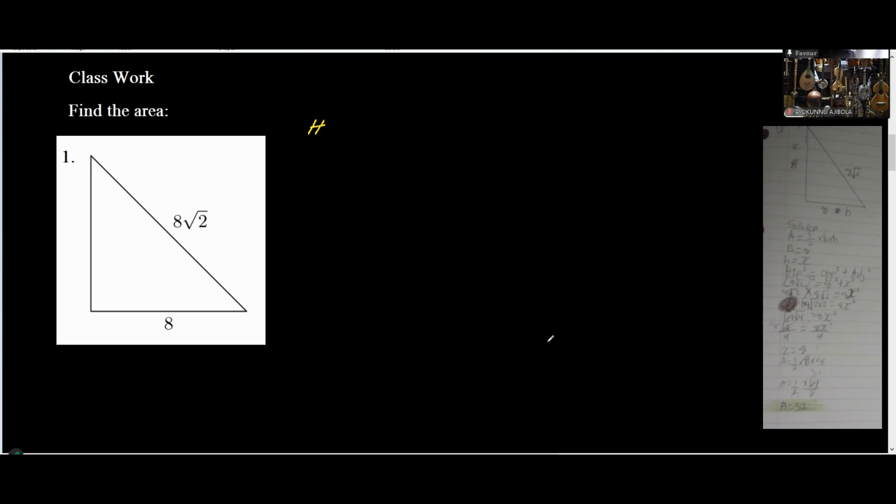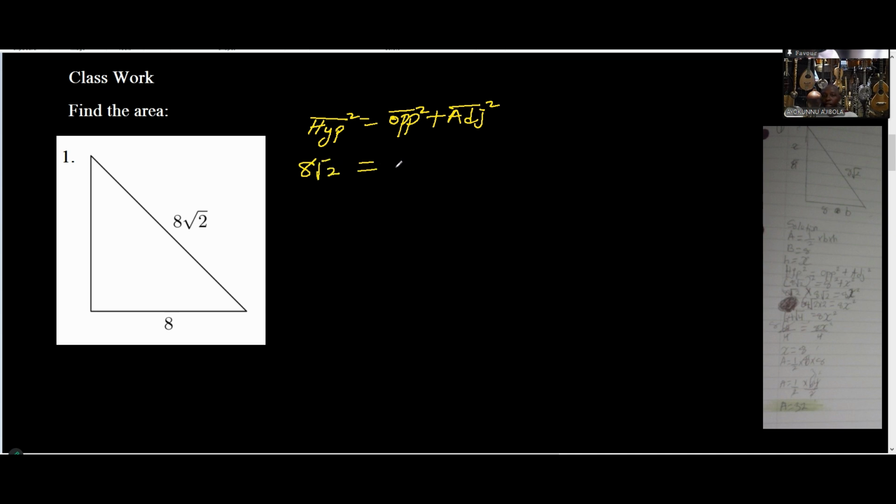So, like I was saying, to find this area we need Pythagoras. Hypotenuse squared equals opposite squared plus adjacent squared. Hypotenuse is 8 root 2.